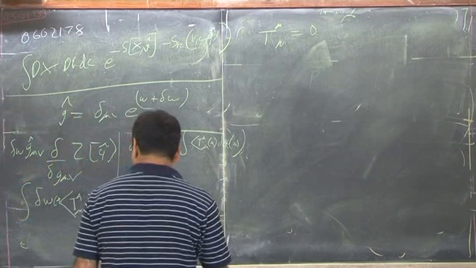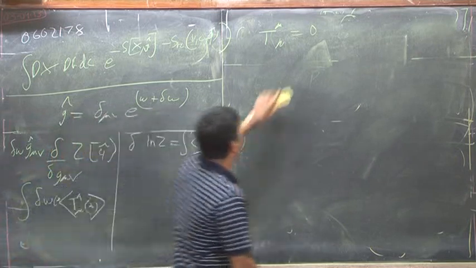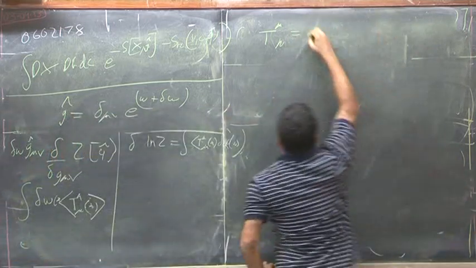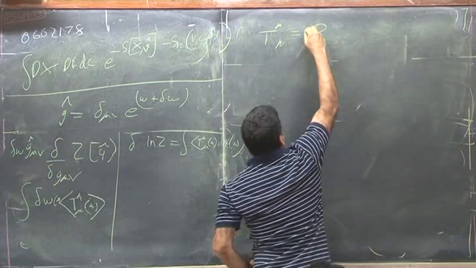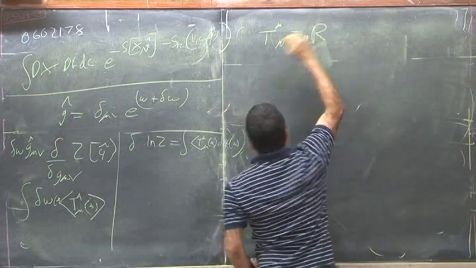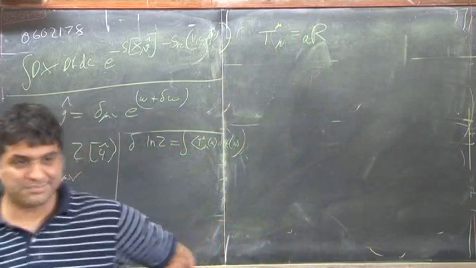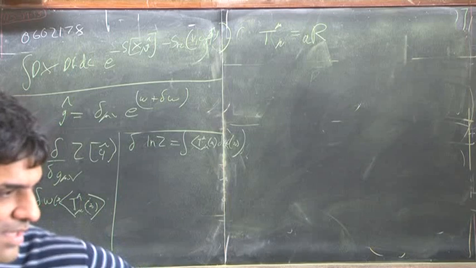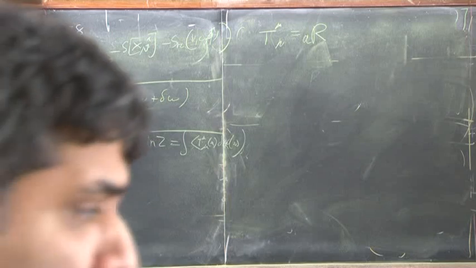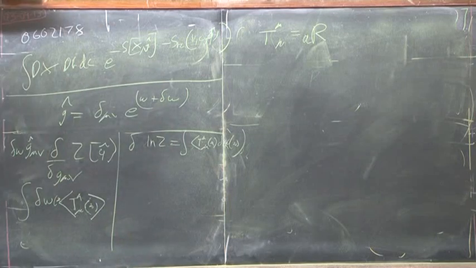Well, there's basically one candidate. The only candidate is some number times the scalar curvature. Suppose insertions of T inside the partition function were actually equal to insertions of A times the scalar curvature.